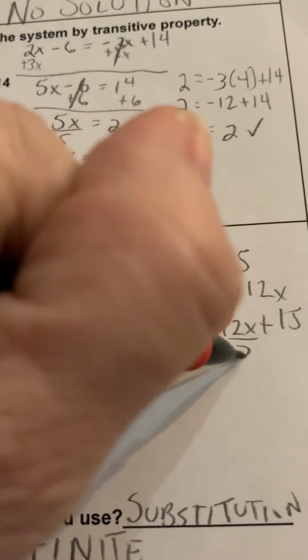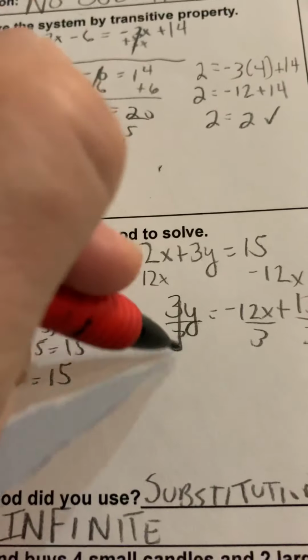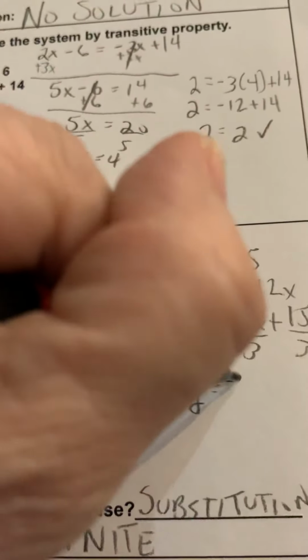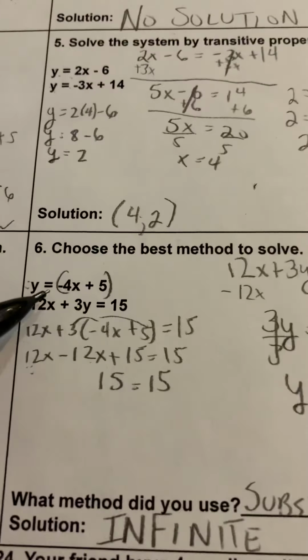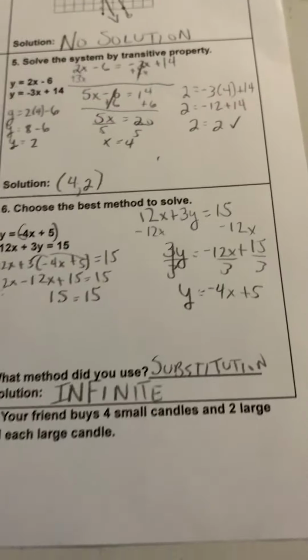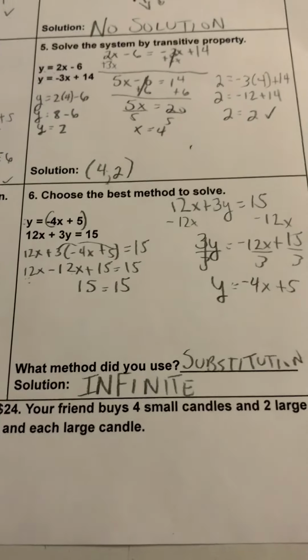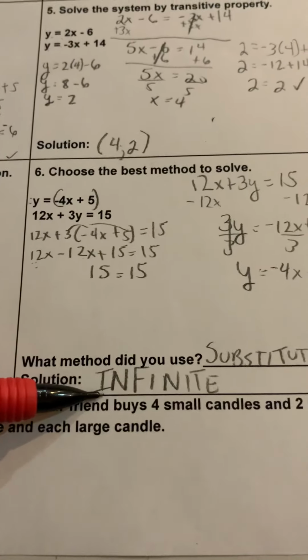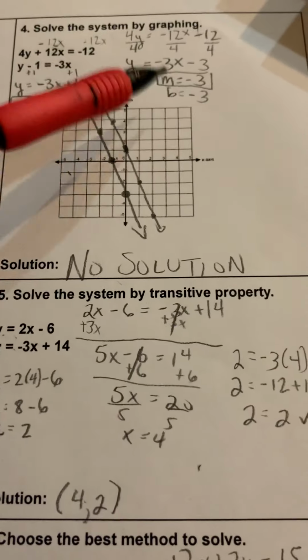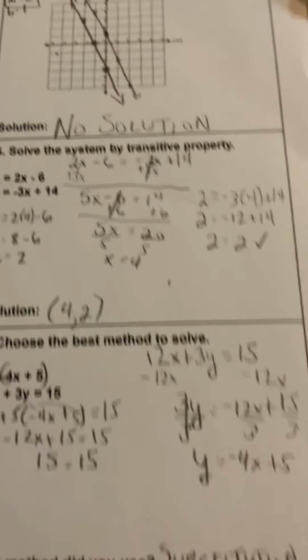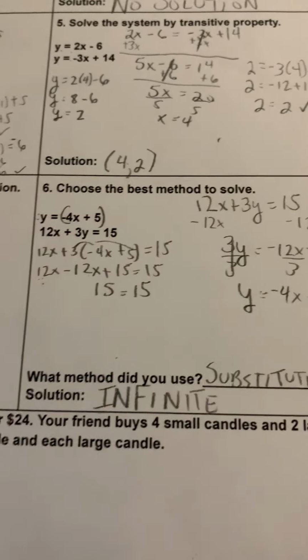If I divide each term by 3, y equals negative 4x plus 5. Do you see how y equals negative 4x plus 5 is the same here? So they, in essence, are the exact same line. When they're the exact same line, it's an infinite number of solutions. So when they have the same slope, there's no solution. When they're the same line, infinite number of solutions.